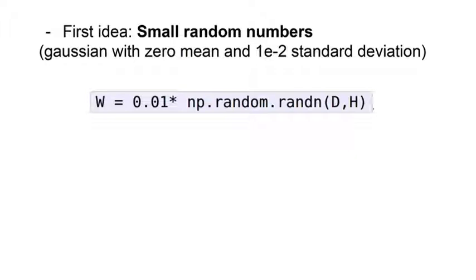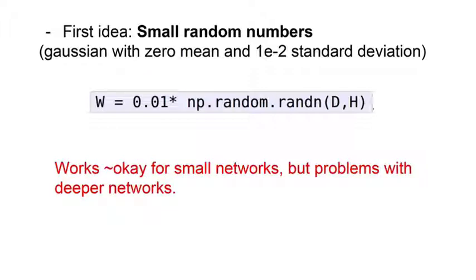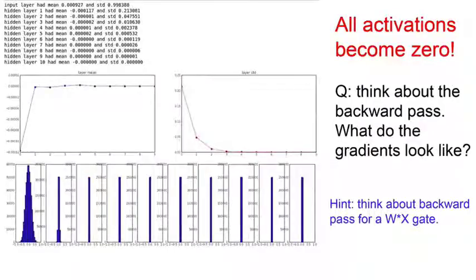But what we know is that for very, very deep networks, even this is not enough. Because eventually, if your weights are too tiny or even too large, all the activations can become 0 or saturated. So let me tell you what you are seeing in this image, because it may not be clear.